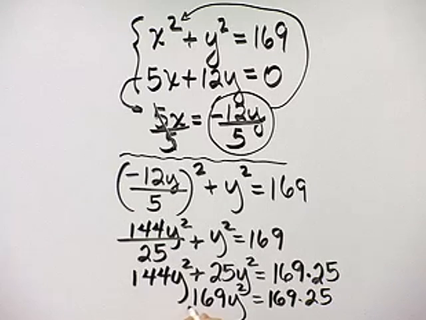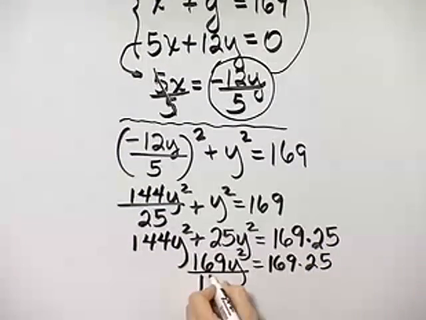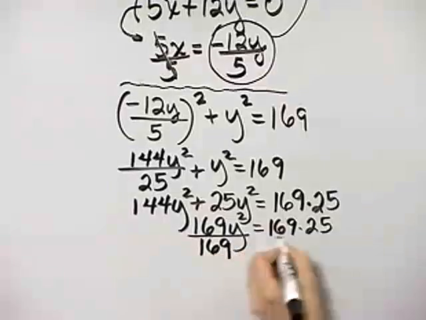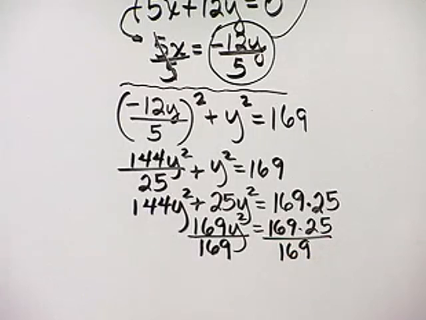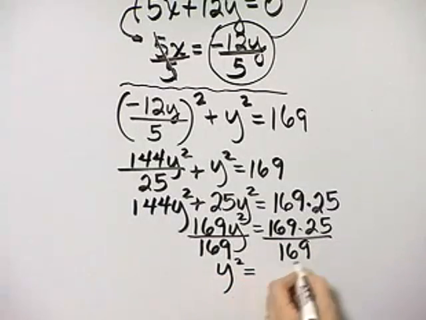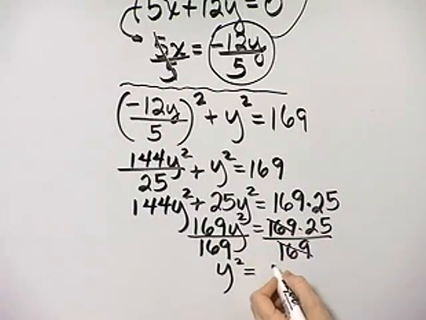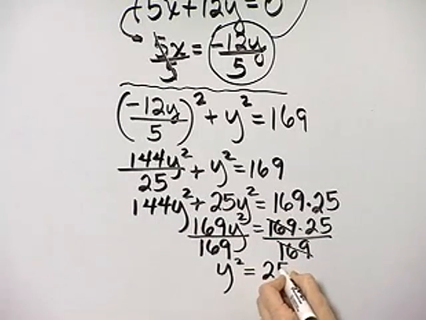And then to finish, we divide both sides by the coefficient of y squared, which is 169. Look what happens. Y squared then is equal to, these divide out, and we have 25.